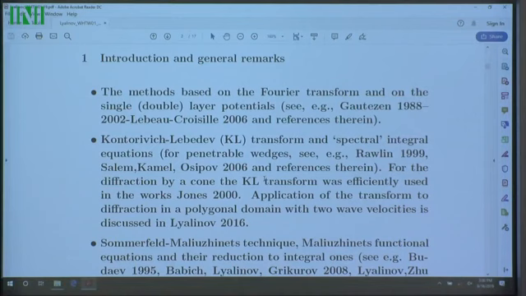First of all, it is well known that in order to obtain, for example, a Wiener-Hopf equation or Riemann-Hilbert problem or their equivalents, you need some kind of transform. You transform your problem to some spectral space, and then you discuss some equation in that spectral space. And for the diffraction by a polygonal domain, sometimes you can use different kinds of transforms.